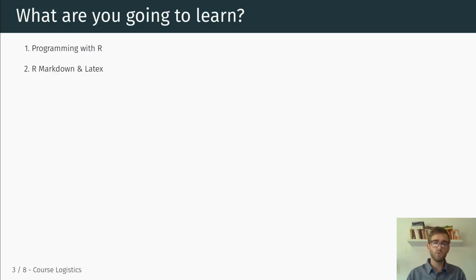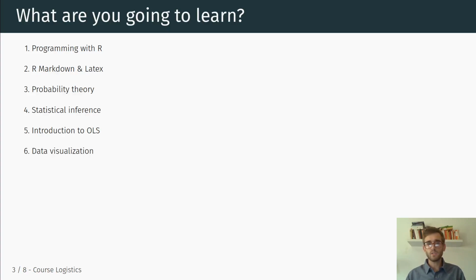And I'm going to talk more about these later throughout the semester. Of course, we will learn some basic concepts of probability theory, as well as statistical inference. Later in the semester, we'll also introduce linear regression, OLS, and we'll talk a good deal about data visualization. So how do we communicate our results in, for example, a research paper?